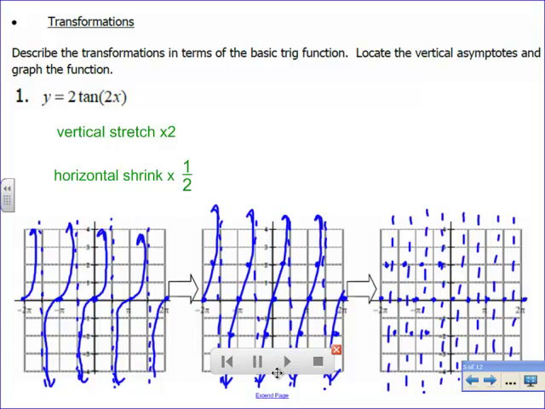So you're using that halfway in between the 0 and the asymptote. Connect the dots, you should get a nice steep curve, and you should get a lot of them as you go across.